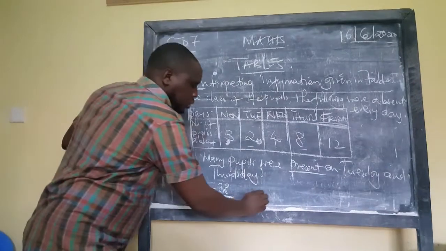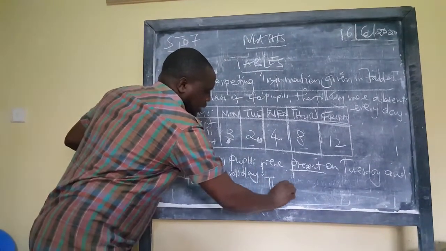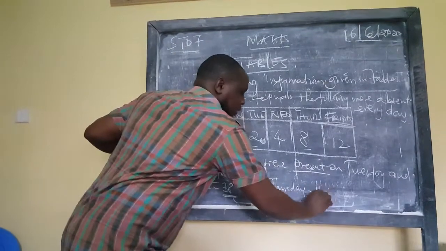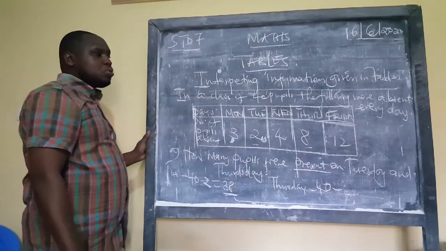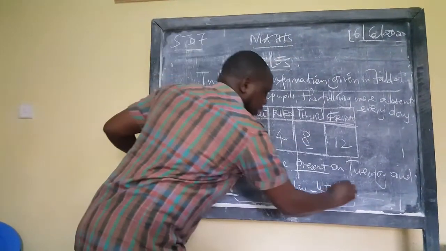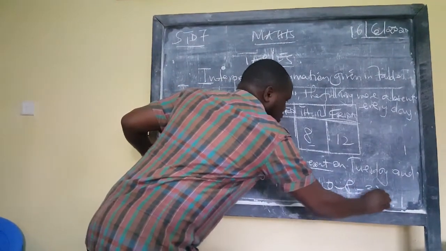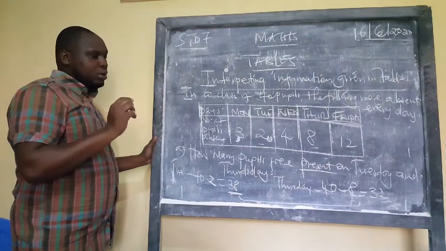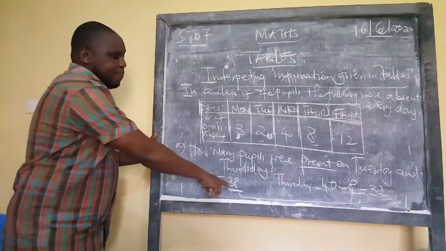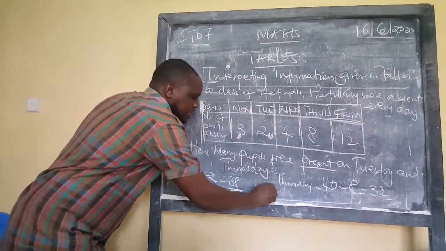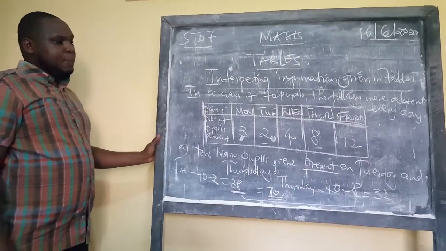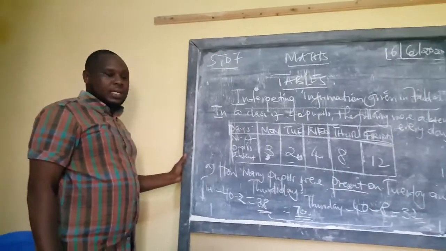Then we go to Thursday. Thursday, the same. The total number of pupils in class is 40. Subtract those who are absent on Thursday, 8. That means that 32 were present. So the total number of pupils present on both Tuesday and Thursday will be 32 plus 38, and that will give you 70 pupils. That will be the total number of pupils present on those 2 particular days.